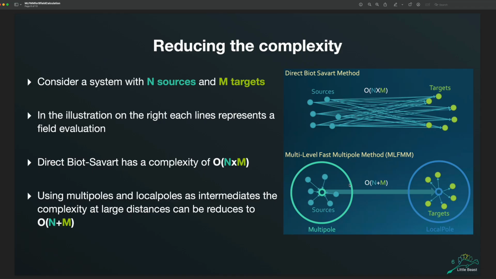If you go to the multipole method, on the other hand, since the multipoles are a collection of sources and the local poles are a collection of targets, you in fact reduce the complexity to a linear system, n plus m, not n times n. And that's how you gain a lot of speed, because you don't need to do as many calculations.